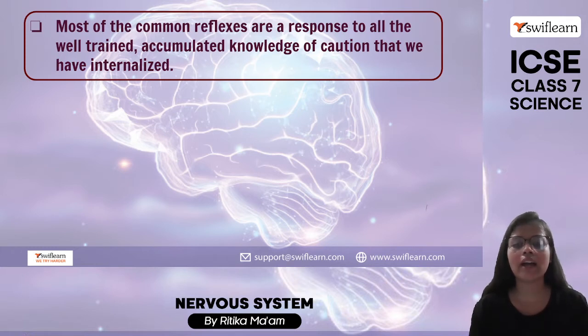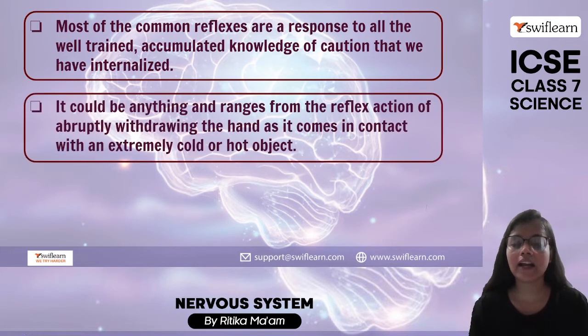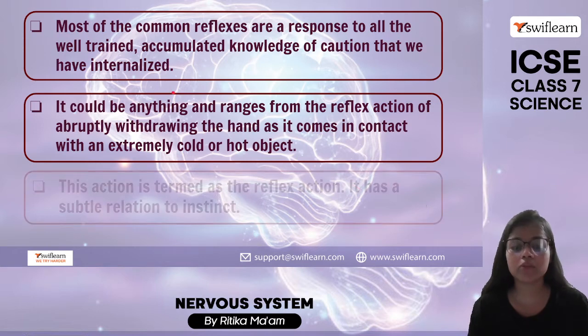So if I already have knowledge about any particular situation that I have come across, then at that time reflex action will come into the picture. And it could be anything, and ranges from the reflex action of abruptly withdrawing the hand, okay, when we come in contact with an extremely hot or cold or sharp object.